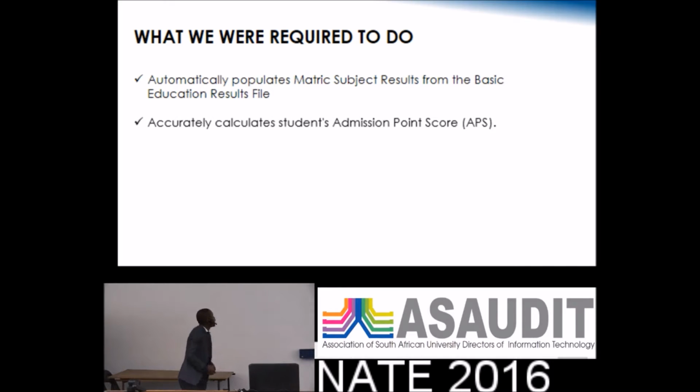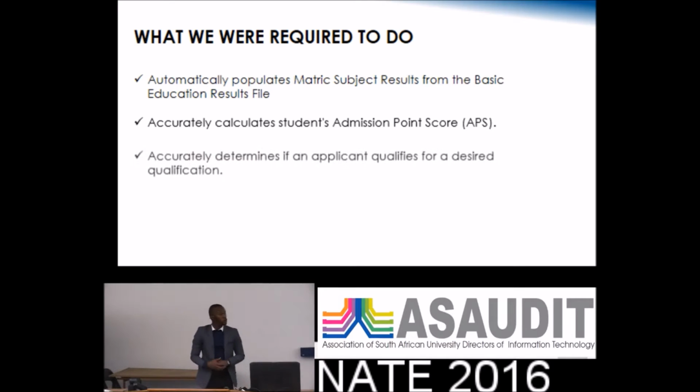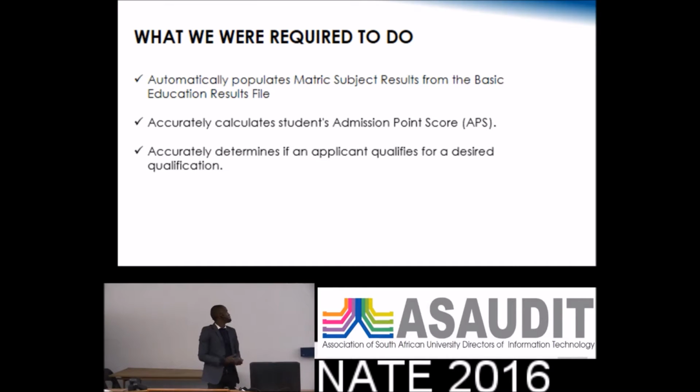We should be able to accurately calculate the student's admission point score based on the metric results which you find from the basic education file. We should be able to accurately determine if an application qualifies for a desired qualification. So since you mentioned that you desire to study a specific qualification at our institution, we should be able to determine if you do really qualify or you don't really qualify, based on your metric results.